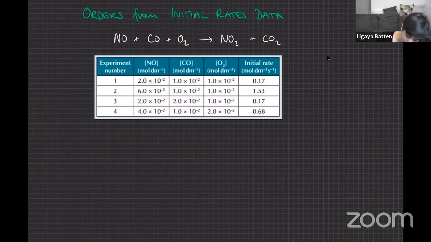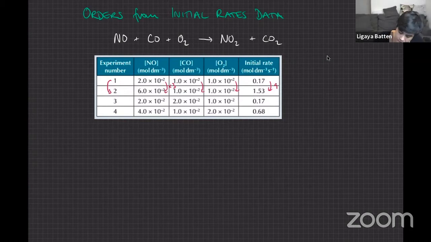So if we compare experiment 1 with experiment 2, we can see that both the carbon monoxide and the oxygen stayed the same, so there was no change there, but the nitrogen monoxide times by 3. Okay, and what was the effect on the rate? You get your calculator out and just check 1.53 divided by 0.17. And that gives me 9, okay?